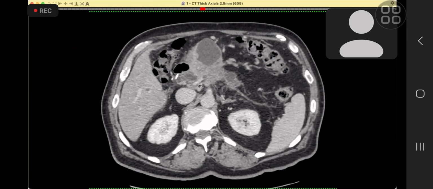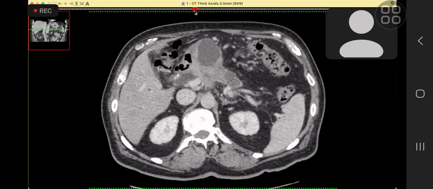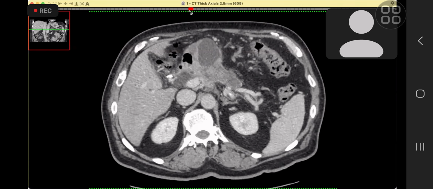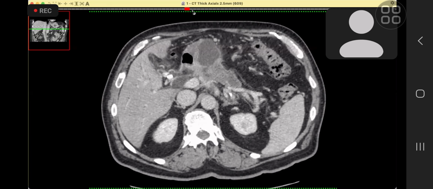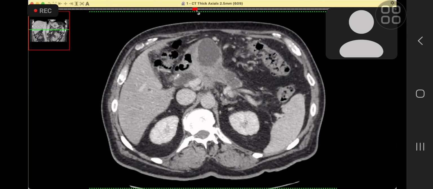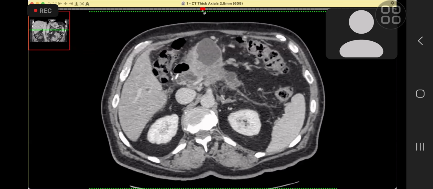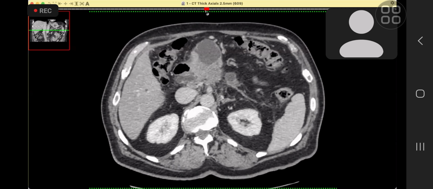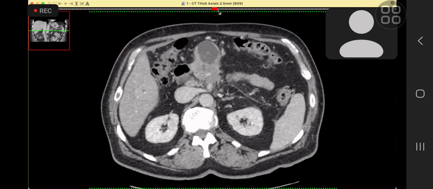Let me just check which vessel it is. It is actually encasing the SMA, as well as the portal vein at the level of the splenic confluence, with associated encasement and narrowing of the SMV. I am suspecting a primary pancreatic carcinoma with double duct sign, and it is locally invasive and likely surgically irresectable on the basis of imaging.